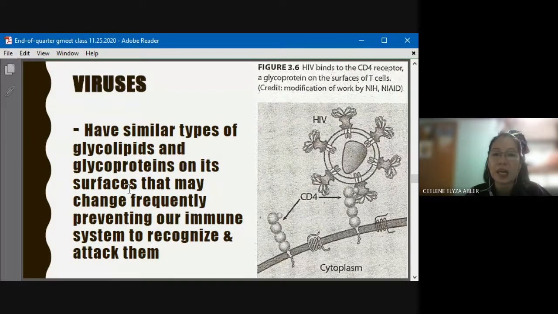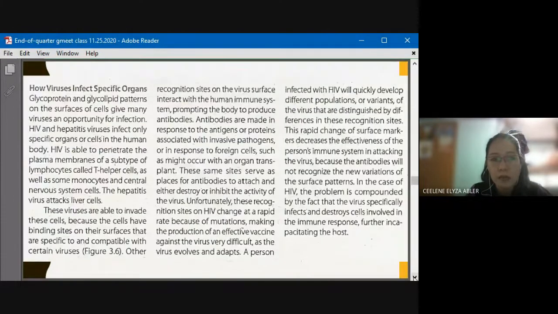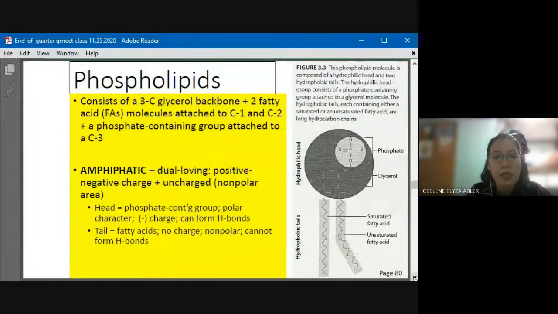So, yan siya ang ano natin kasi ginagamit yan ng HIV, ang mga receptor natin na proteins, it's the CD4, actually ang ginagamit niya, para to attach to the cell surface of the T cells. T cell is actually a type of immune cell. So, yan siya ang ginagamit niya para ma-deactivate niya ang cell at gagawin niyang machinery niya. Manufacturing niya.